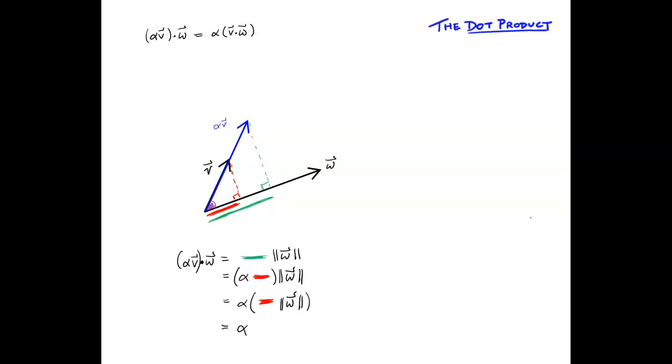Because this stuff that's in the parentheses now, the red length times the length of w, that is obviously v dot w. And so, lo and behold, look what we have done. We have proved that alpha v dot w is the same as pulling the alpha out and having alpha times v dot w. That's exactly what we wanted to prove. So, QED, we have proved our theorem.